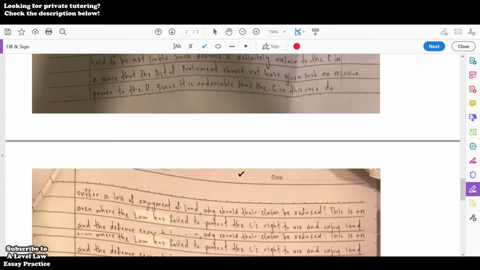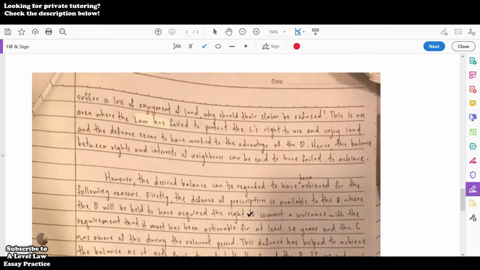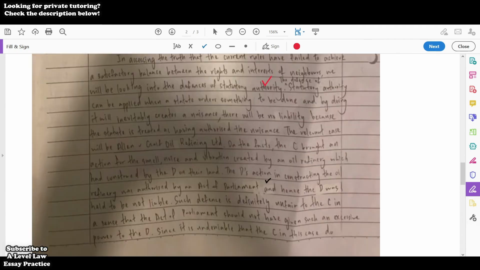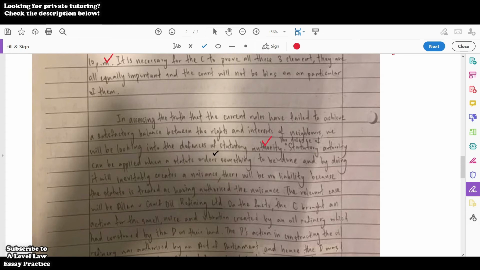I see that you already have the mind to discuss the other way, so it will be good to at least mention here defenses such as statutory authority and prescription. And then only in this paragraph here, you continue to emphasize and discuss statutory authority only.